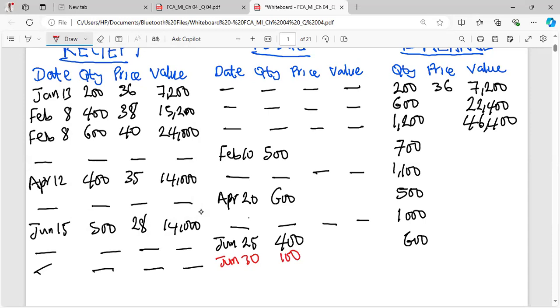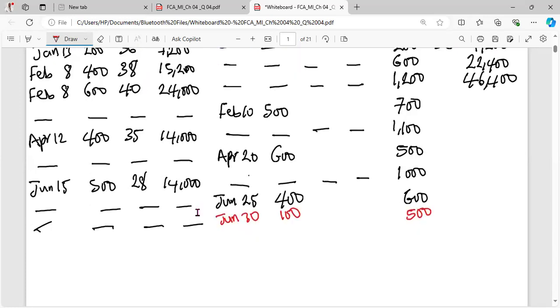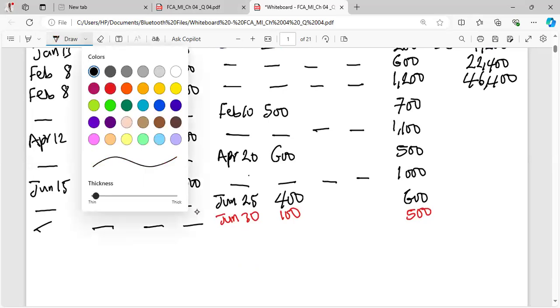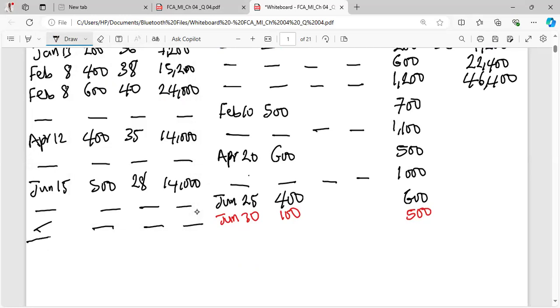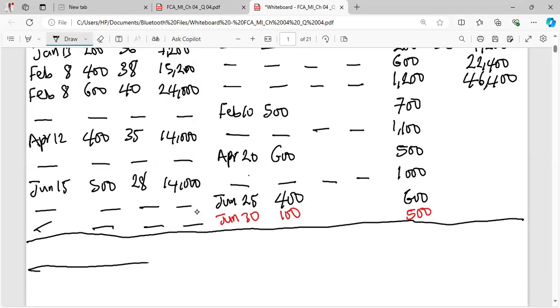And so when you remove 100 from 600, it becomes 500. So we leave here like that. So after doing all of that, we will now close. We now close our books.